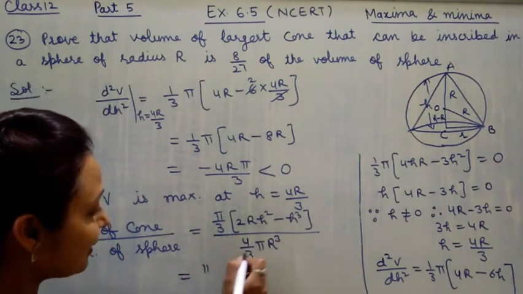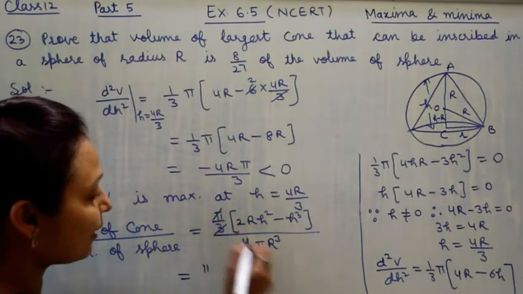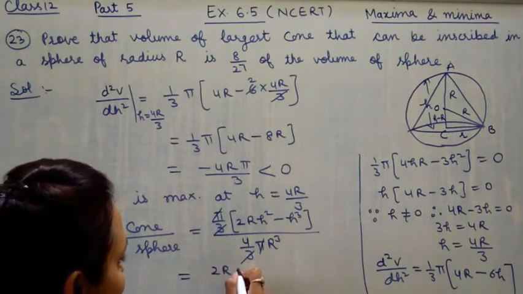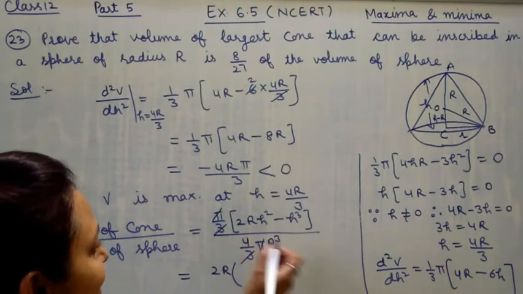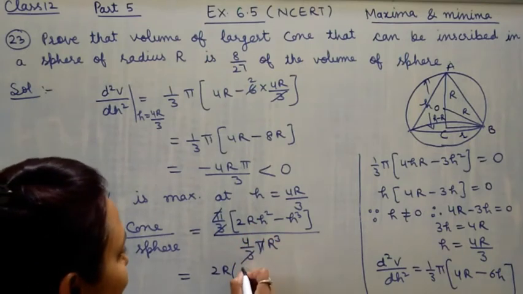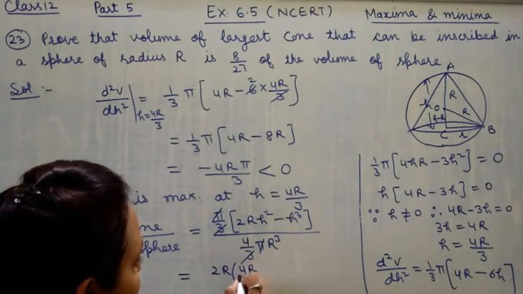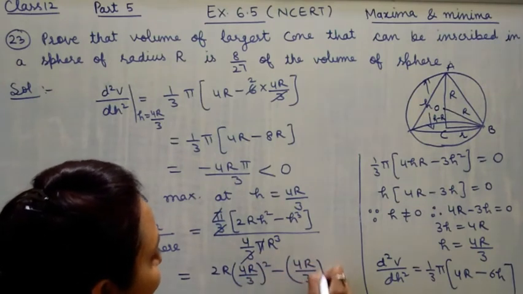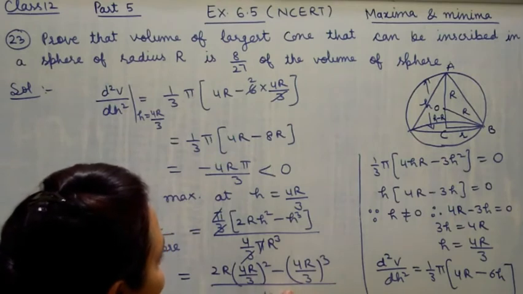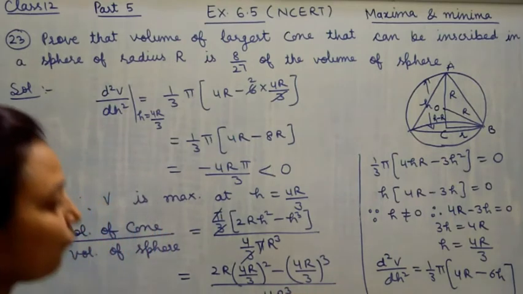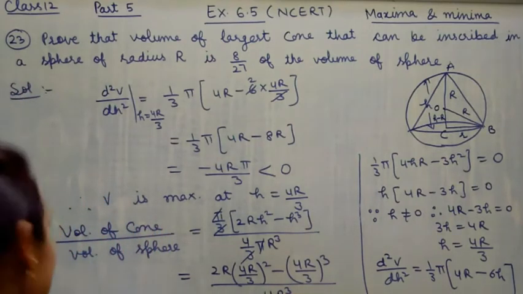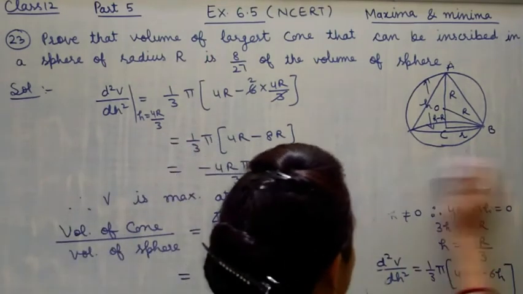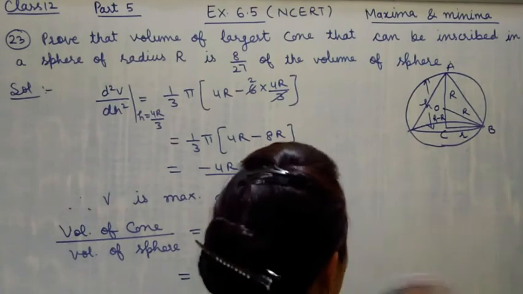That is π/3, this 3 and 3 will cancel, π and π will cancel. We have 2R. I will put the value of h, that is (4R/3)² minus (4R/3)³ divided by 4R³. First of all, simplify the numerator, then try to cancel out to get the answer 8/27.